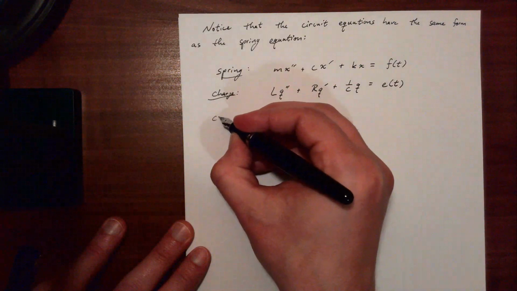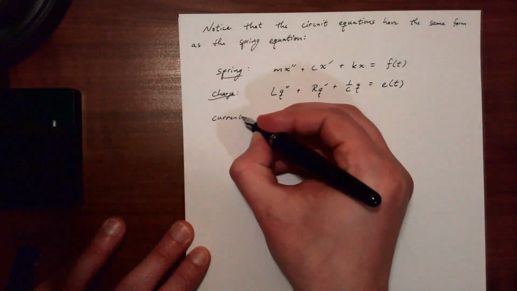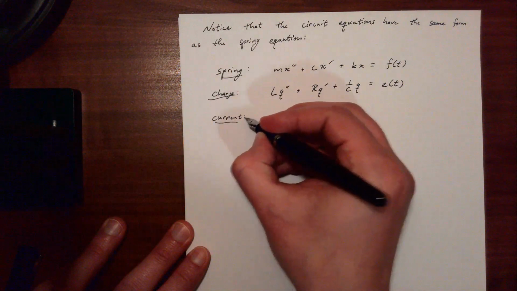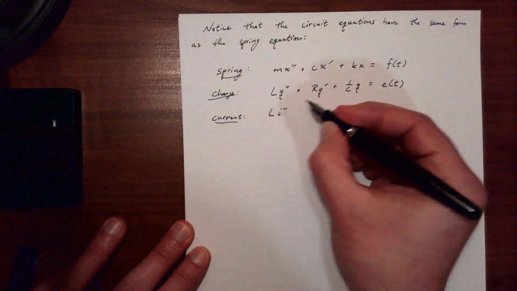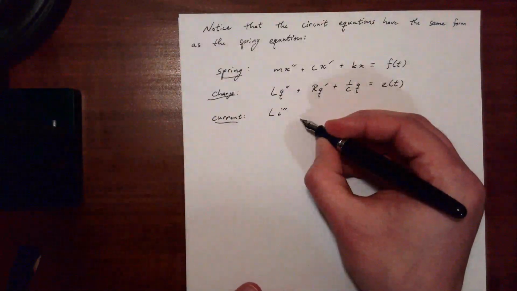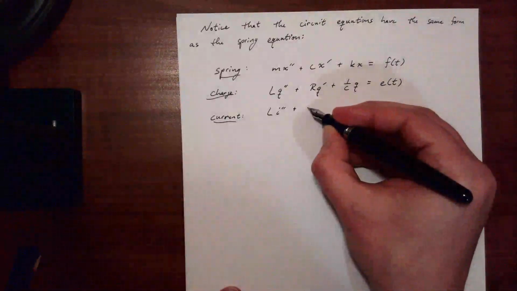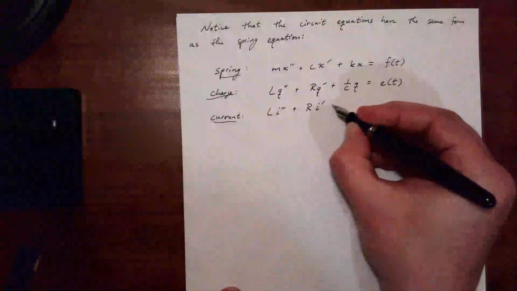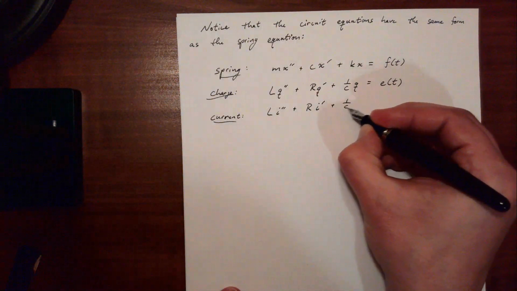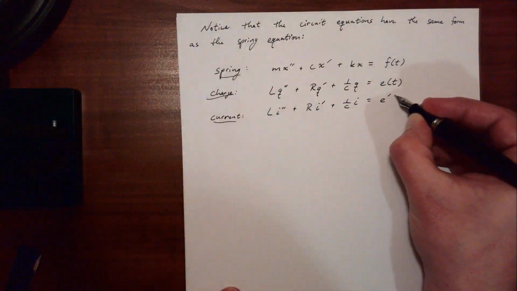And then for current, what we had was the same thing as far as the L, the R, and the 1 over C, but with I's now. So L I double prime, plus R I prime, plus 1 over C I, and that equals E prime of t.